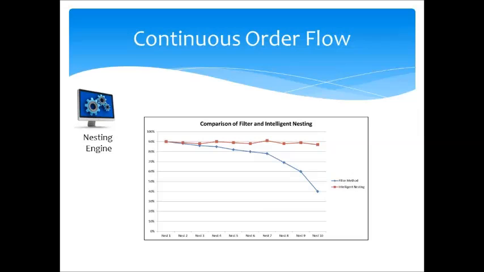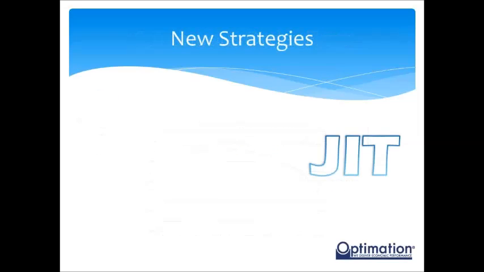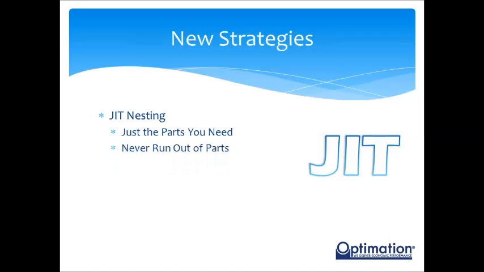So this continuous order flow concept can be used in a principle called JIT nesting. Okay? JIT nesting is a concept which allows us to deal with a lot of things. In fact, the benefits of JIT nesting is that you get the parts you need, the ones that are currently needed right now, and you get them in the quantities that you need them in.